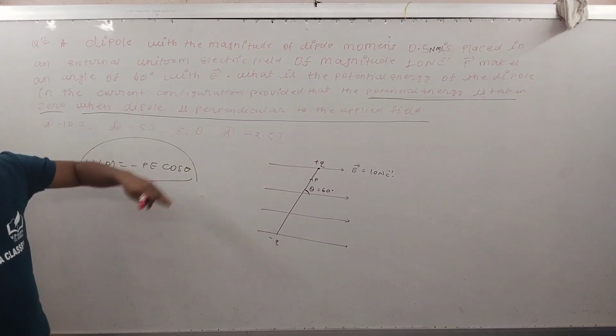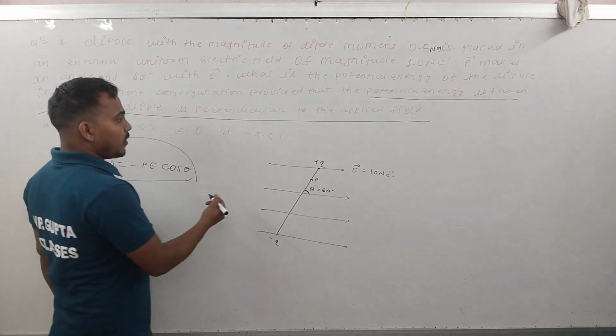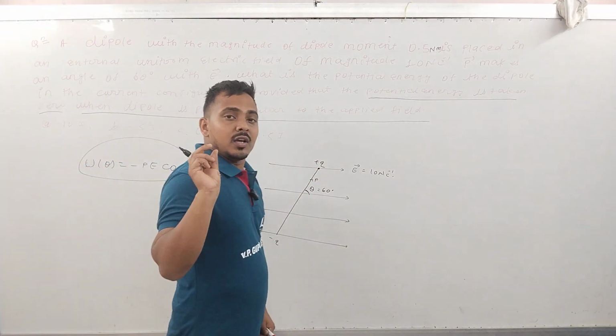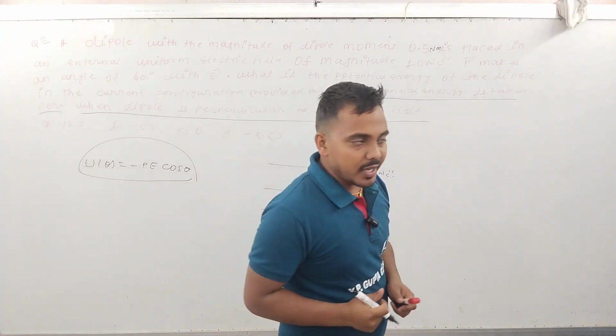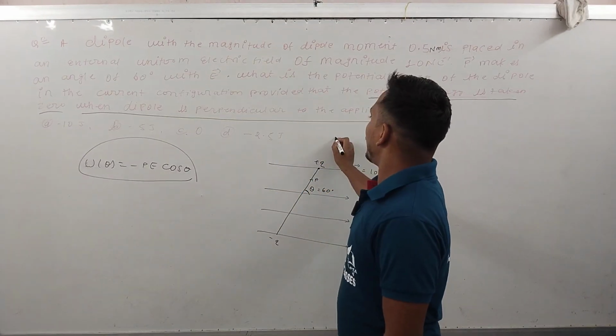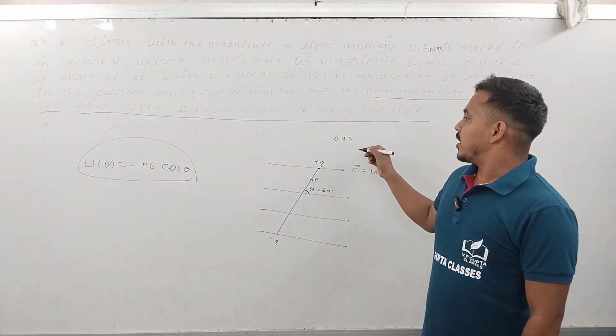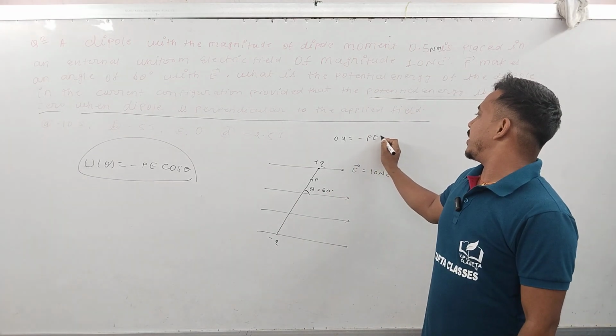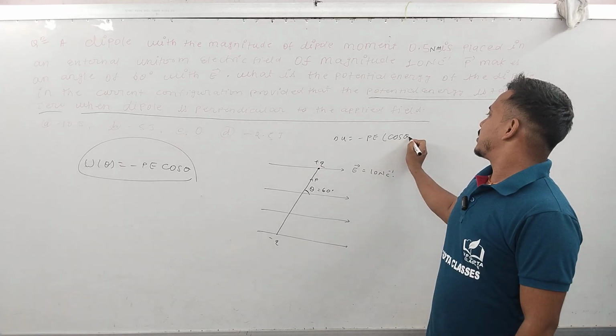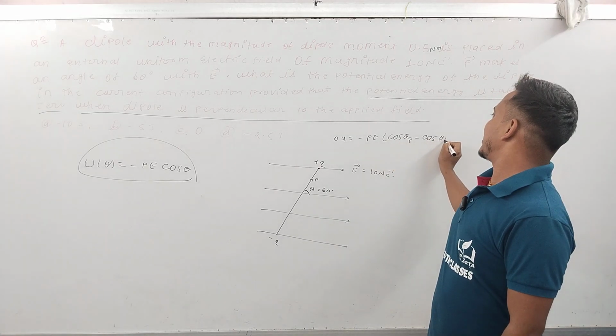If it is not given and two angles are given, then we apply the change in potential energy, that is minus PE (cos theta 2 minus cos theta 1).